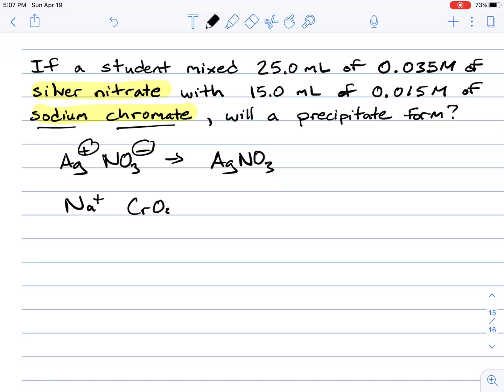Chromate is CrO4 with a -2 charge. Those are polyatomic ions that you should have memorized from first semester of general chemistry. So I'm going to balance my charges. I have +1, -2, so that means I need 2 sodiums for every 1 chromate.